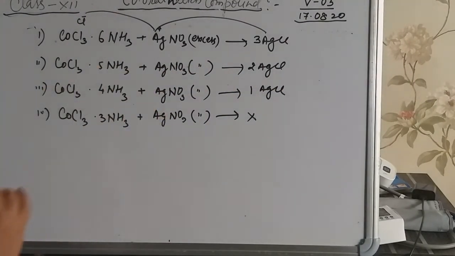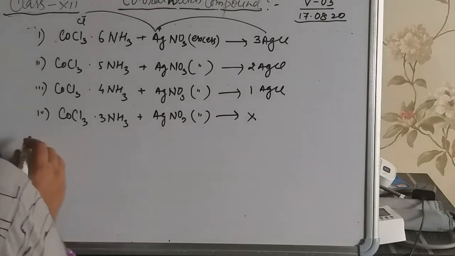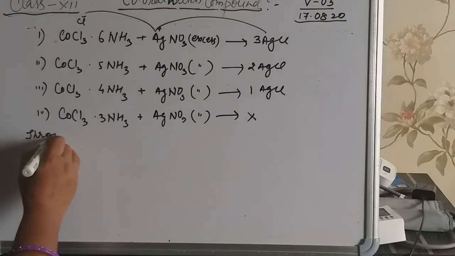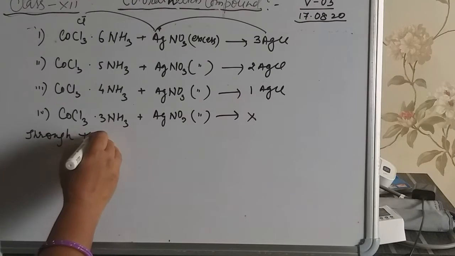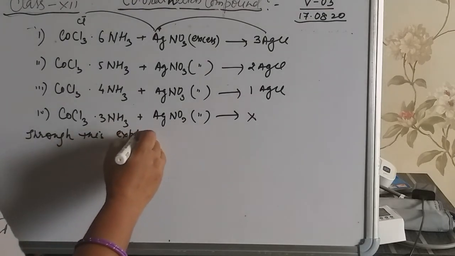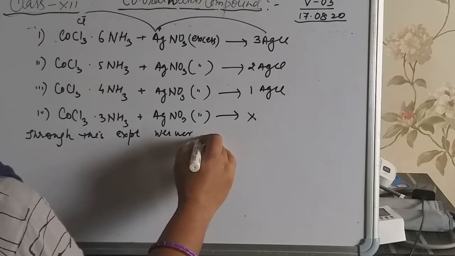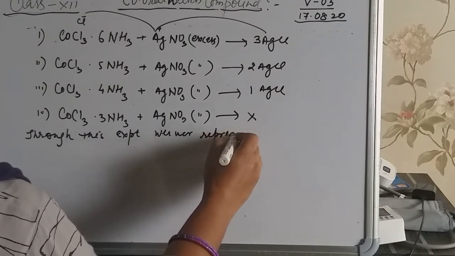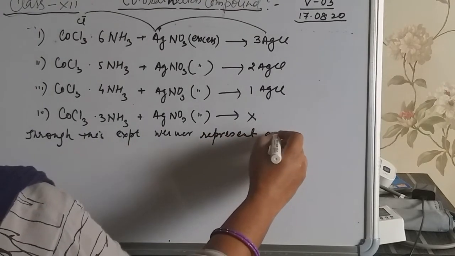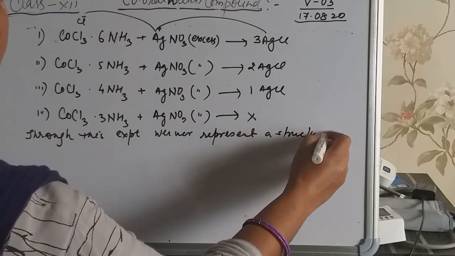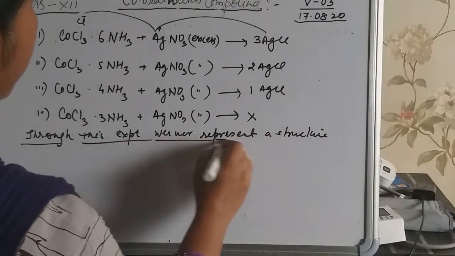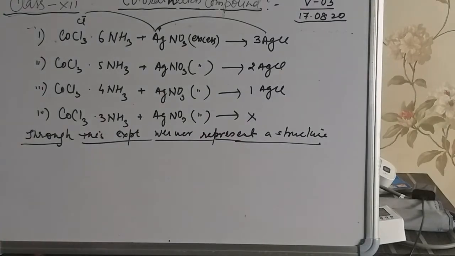Through this experiment, Werner was capable of representing the structure of a complex compound in which both types of valencies are shown.